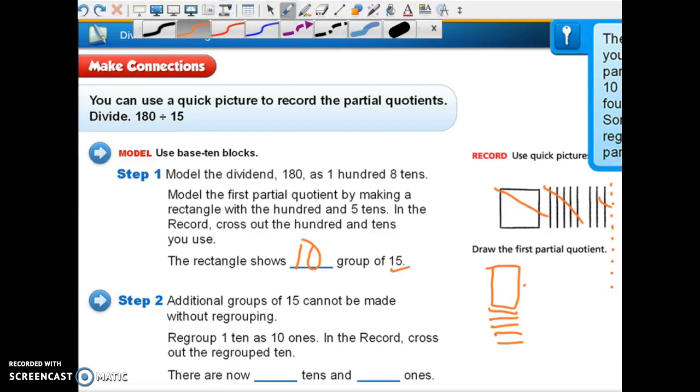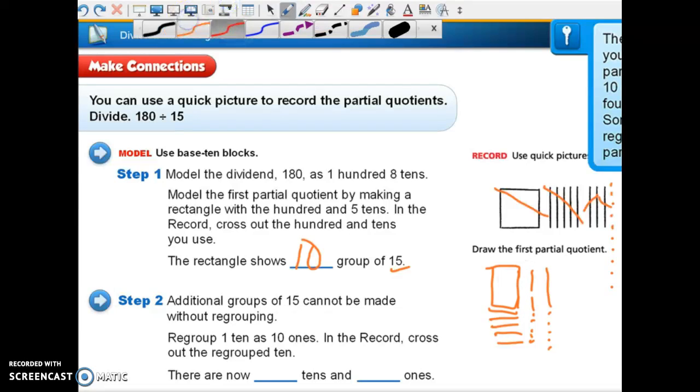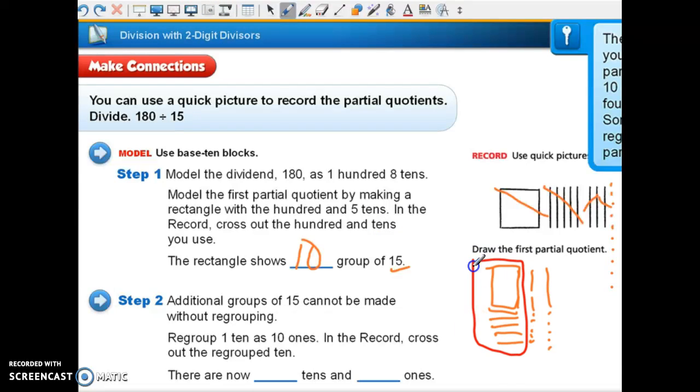So now I have 2 10 sticks, and I have these 10 ones to put under them. So I have this partial quotient right here of, what did we say it was? 150.